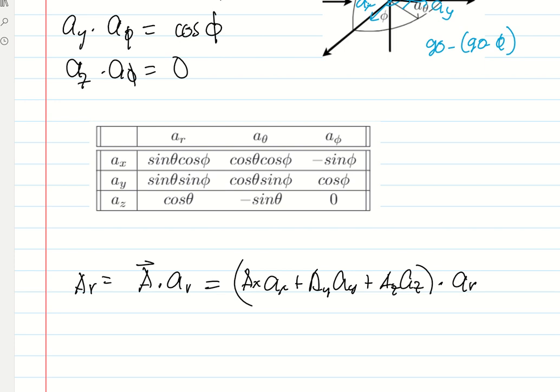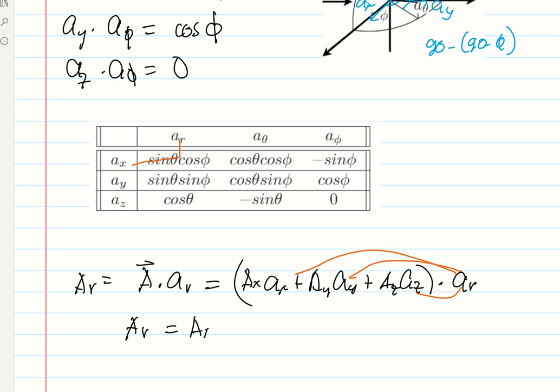Then we distribute: ax dot a_r, ay dot a_r, and az dot a_r. So AR equals ax dot a_r, which is sine theta cosine phi, multiplied with Ax.